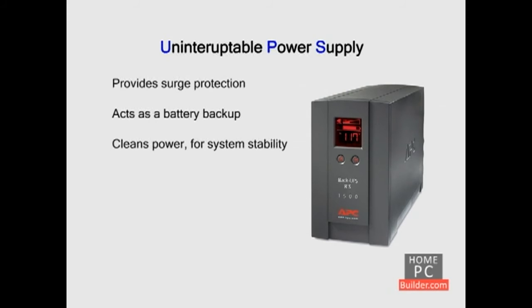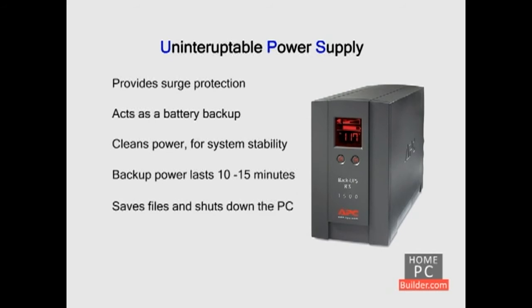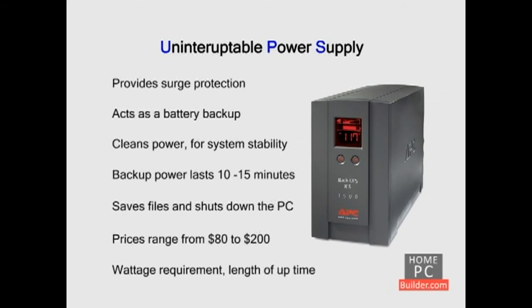If the power goes out for an extended period, usually 10 to 15 minutes, the UPS will save your documents, close the applications you're working on, and shut down the computer gracefully. Prices range from $80 to $200, depending on your computer's power requirements in watts and how long you want the battery to last if your electricity fails.